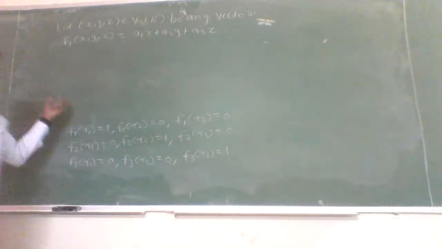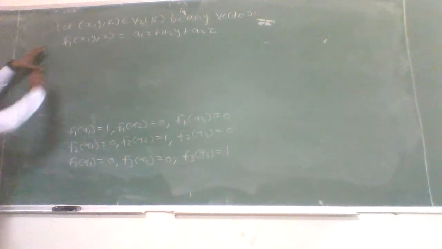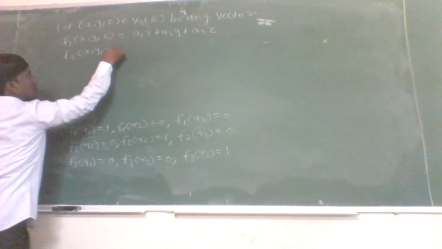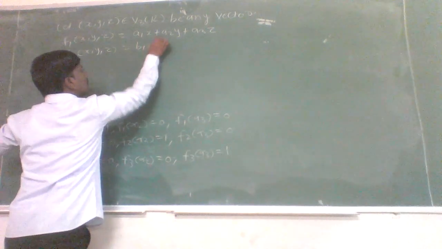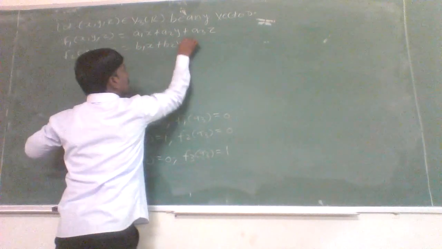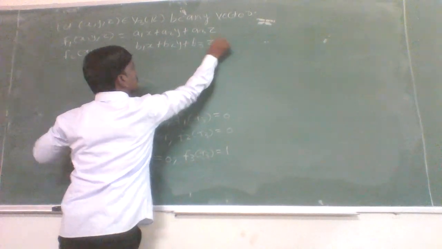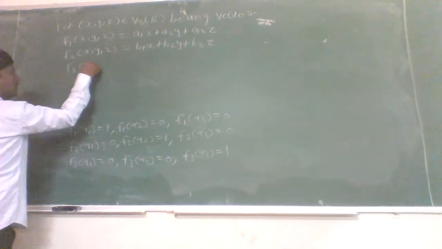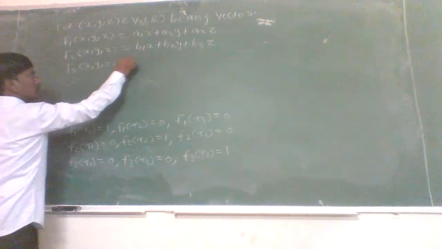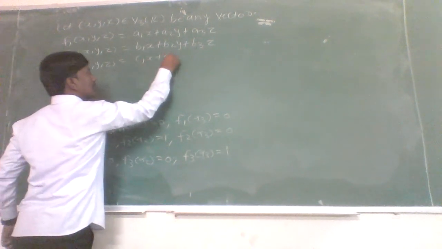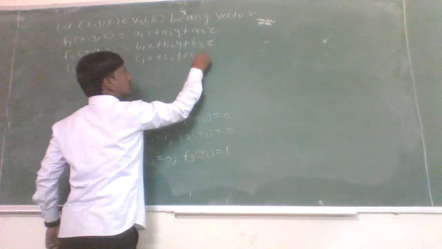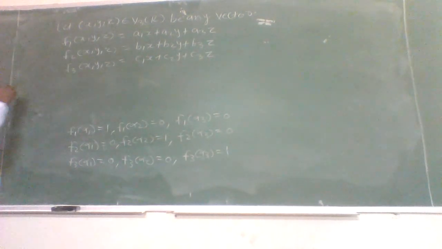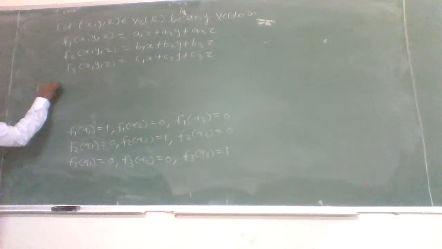F2 of (x, y, z) is equal to b1x plus b2y plus b3z, and f3 of (x, y, z) is equal to c1x plus c2y plus c3z.